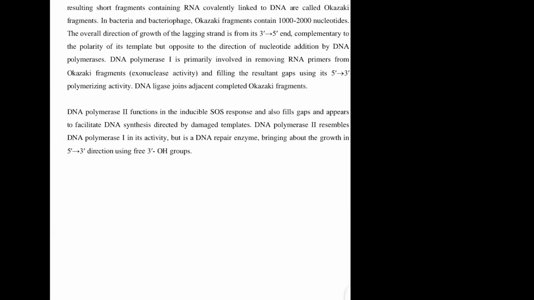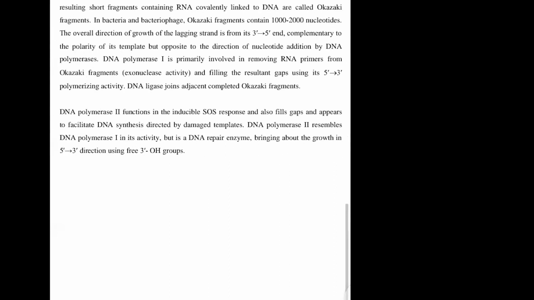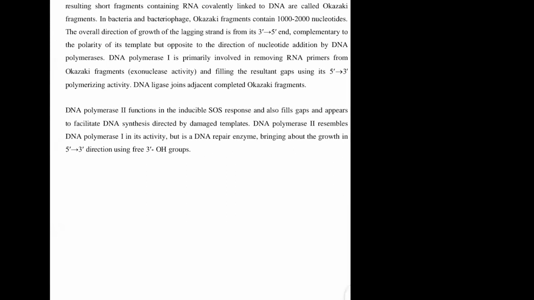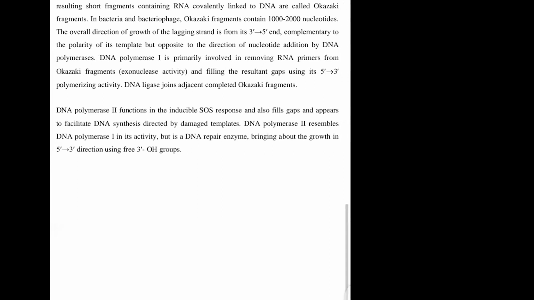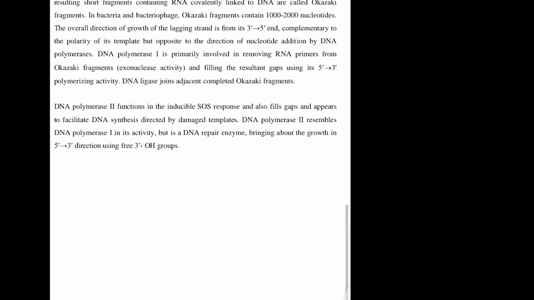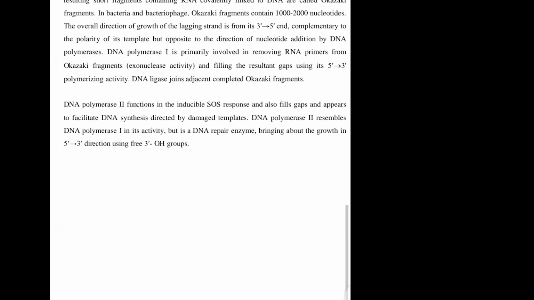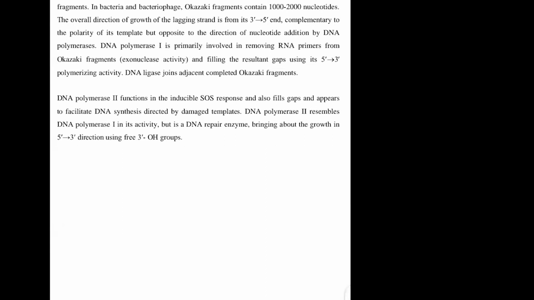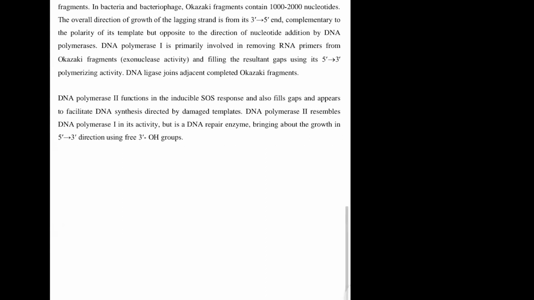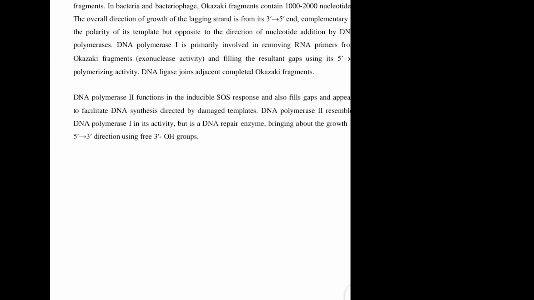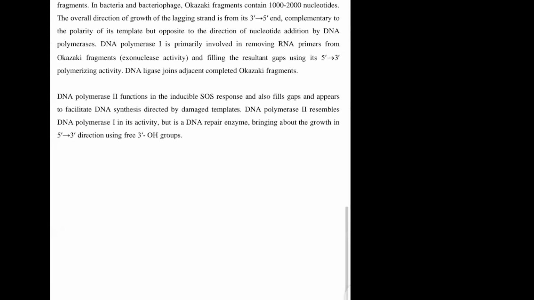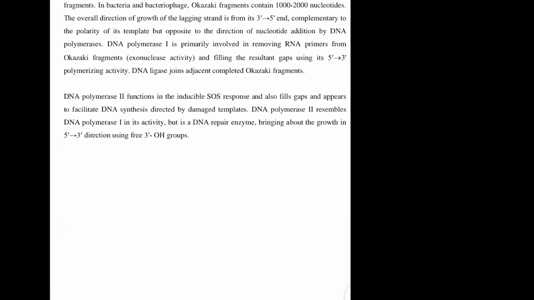Movement of the growing fork exposes the lagging strand template on which short RNA primers are copied. Each of these primers is then elongated by addition of deoxyribonucleotides to the 3' end. In E. coli, this reaction is catalyzed by DNA polymerase 3. Remember, there's DNA polymerase 1, 2, 3. So 3 is the enzyme we're talking about now.